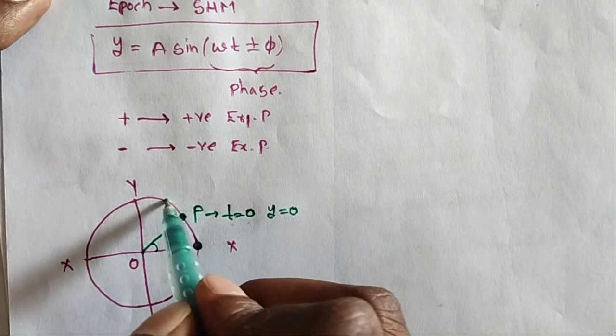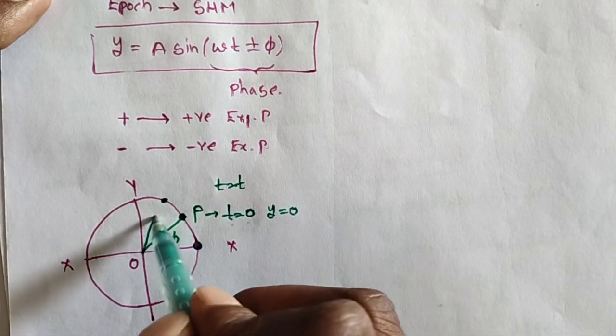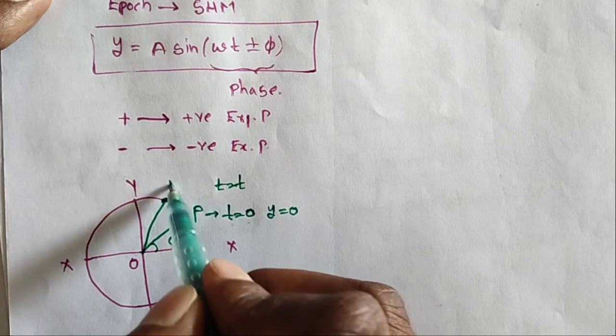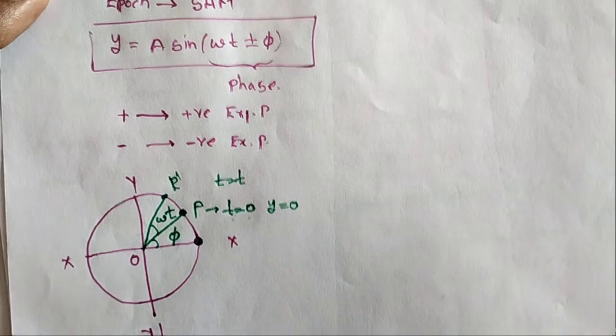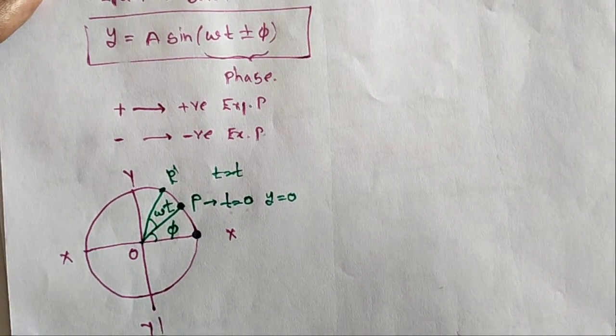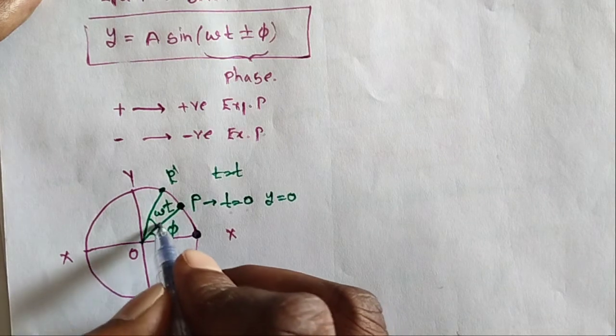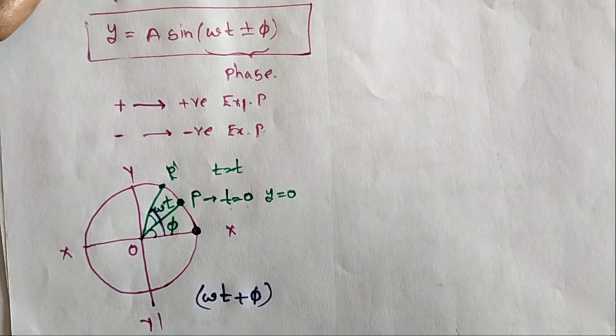After some time, t second, the particle reaches P dash. What is the angle? Omega t, generally. So here to here, what is the total angle? Therefore omega t plus phi.